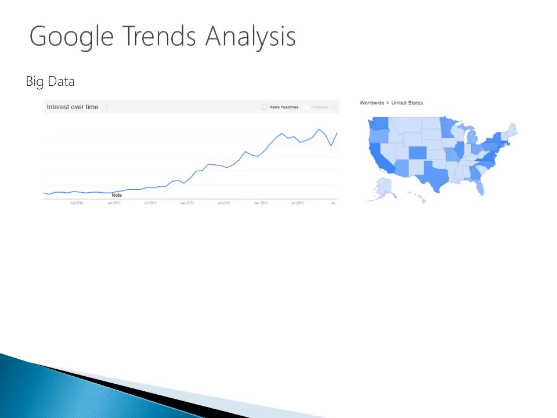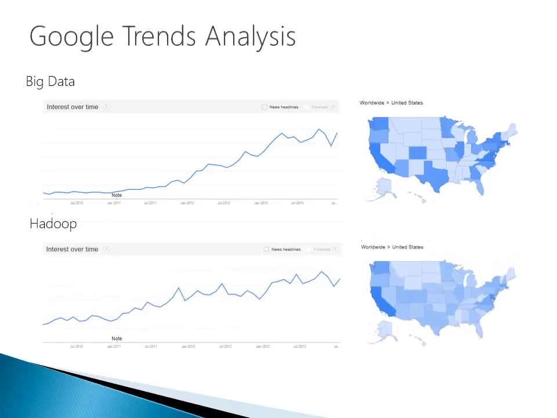But if we dig a little deeper, and instead of big data, we look at Hadoop, which is the technology that powers big data, we see that there's been steady interest over time. But notice how the map is different. It's all centralized in California. So California, in Silicon Valley in particular, is the hotspot where big data is born and growing.